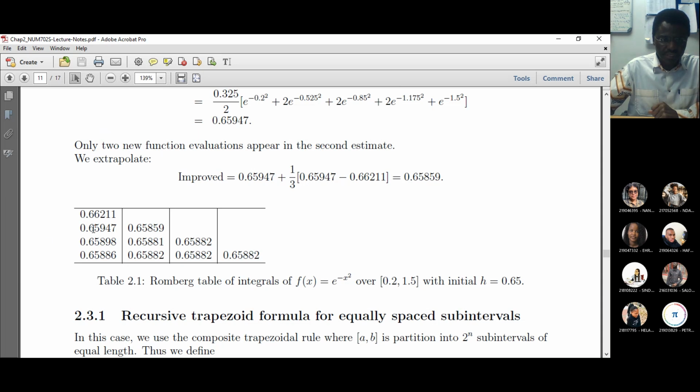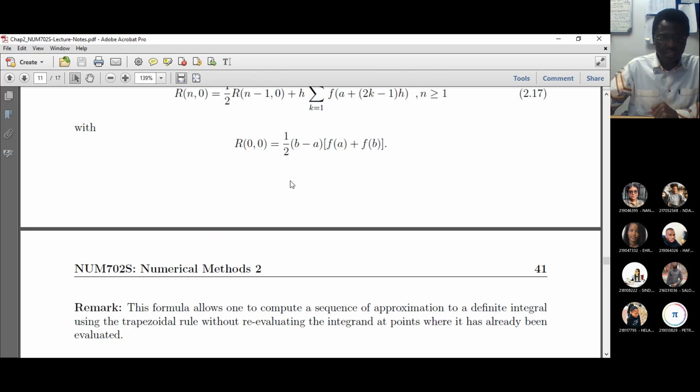Right. So you take the first in the first column. The first two entries in the first column will give you this, and the second and the third will give you this, and then the third and the last will give you this. So it's similar to this table.